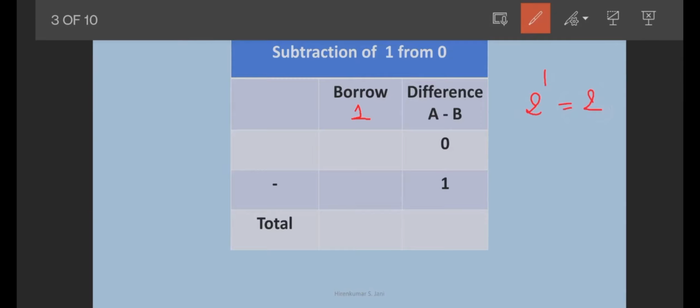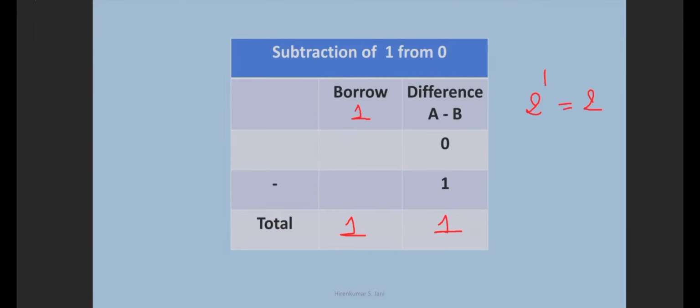So, 2 minus 1, it is equal to 1 over here. Second thing, since there is one borrow, so we will have one borrow over here. So, in this case, difference is 1 and the borrow is also 1.